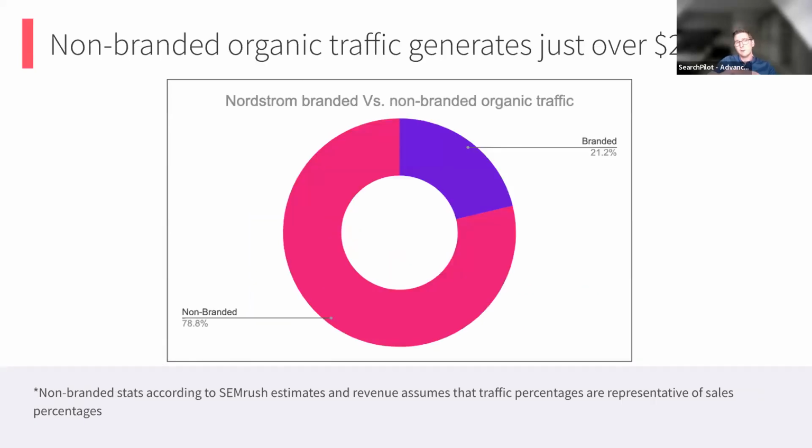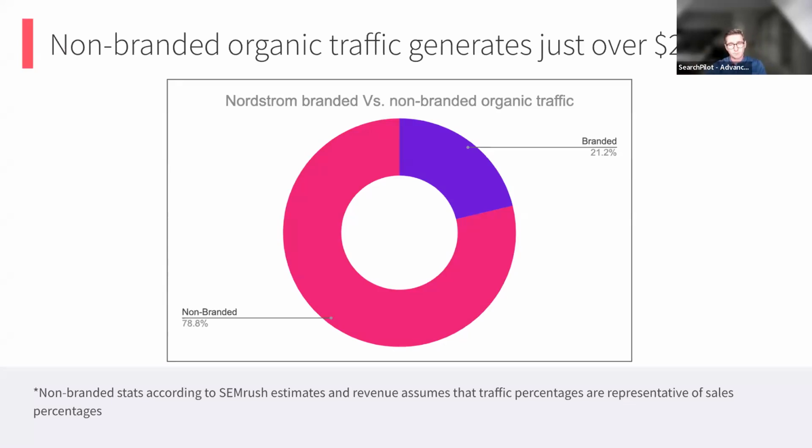And then if you divide that again to just look at the non-branded organic traffic, that means that it generates about $2 billion in revenue. So the SEO team at Nordstrom are essentially responsible, or they own, about $2 billion in organic revenue. So quite a big chunk of revenue.